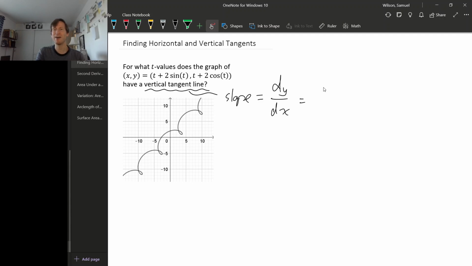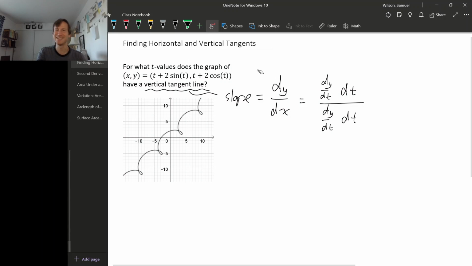Okay, but dy is dy/dt times dt, and dx is dx/dt times dt. Again, the dt's cancel, so for any parametric curve, dy/dx is going to be dy/dt over dx/dt.